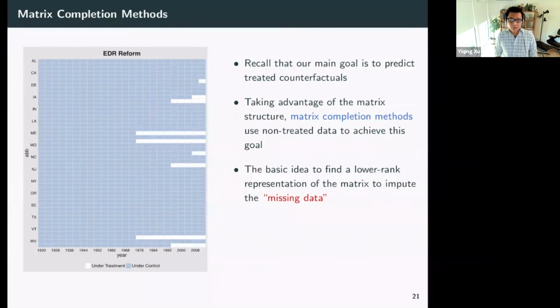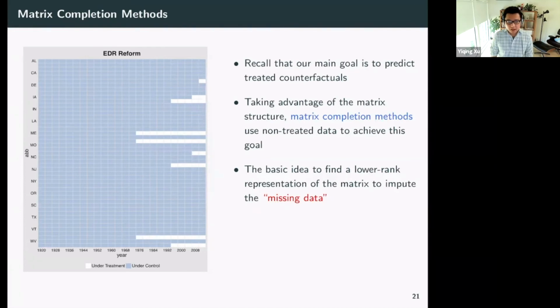And then we talked about the model-based approach, including the interactive fixed effects model, using it in a DID setting. And then I tried to fit this into the framework of counterfactual estimation in panel data. We just finished discussing the interactive fixed effects counterfactual model, and now we transition to discussing the matrix completion method, which can be seen as a generalization of the interactive fixed effects model in panel data.